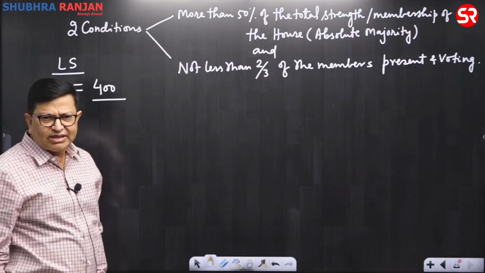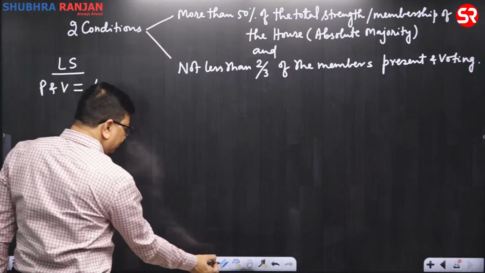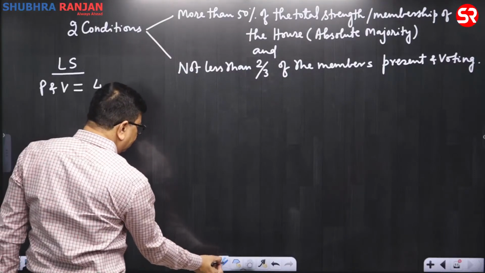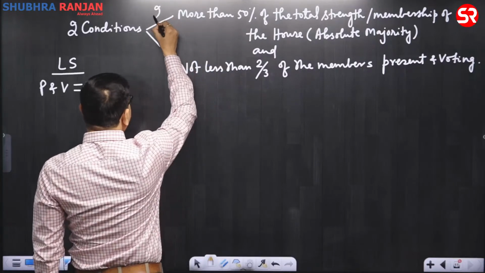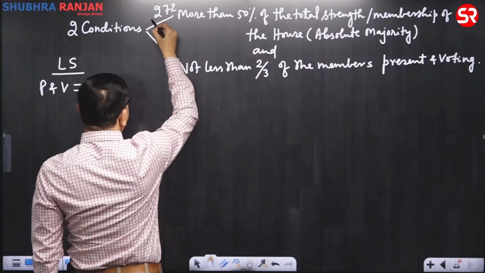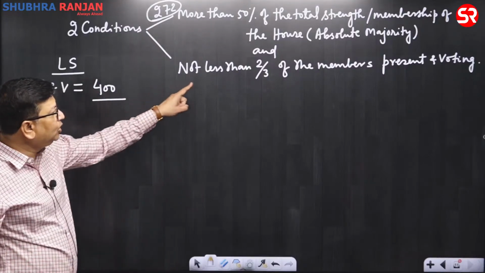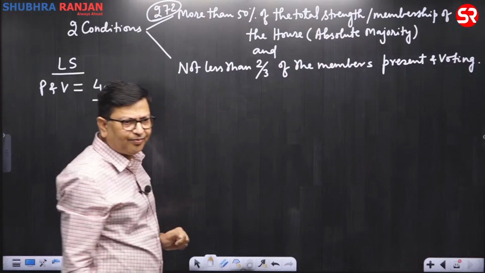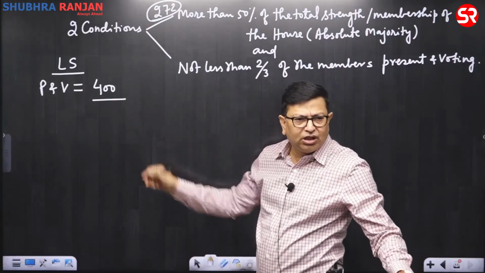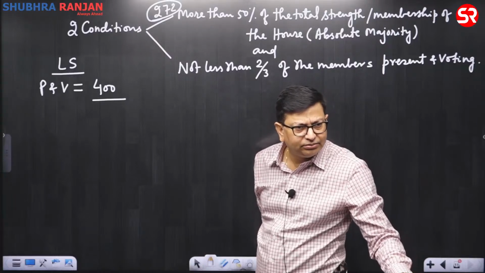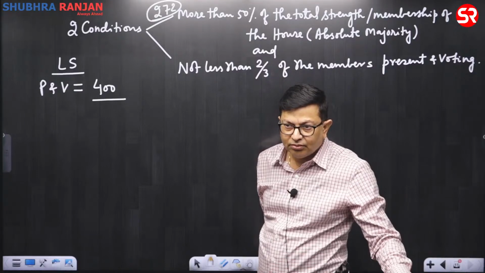Suppose 400 members are present as well as voting. So here, first condition 272. The second condition: not less than 2/3 of the members present and voting. So here what will be the 2/3 of 400?